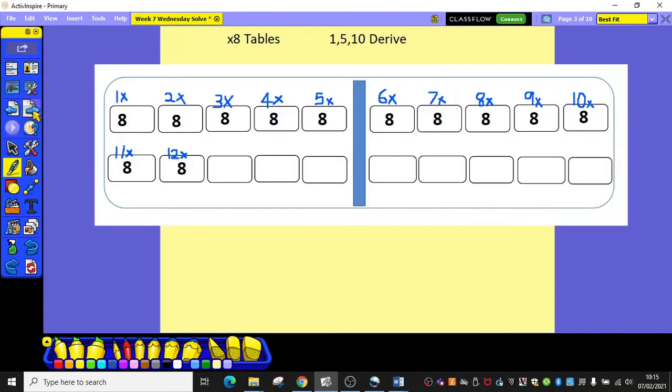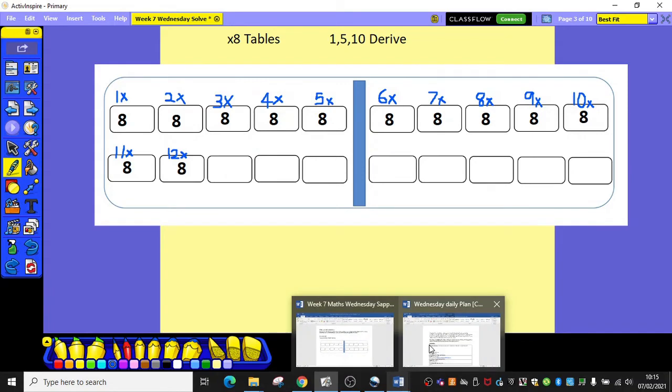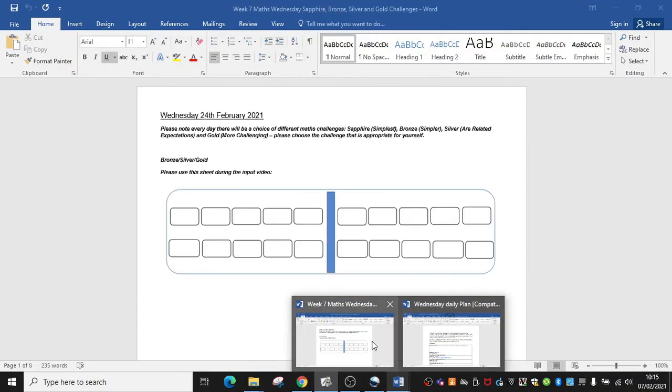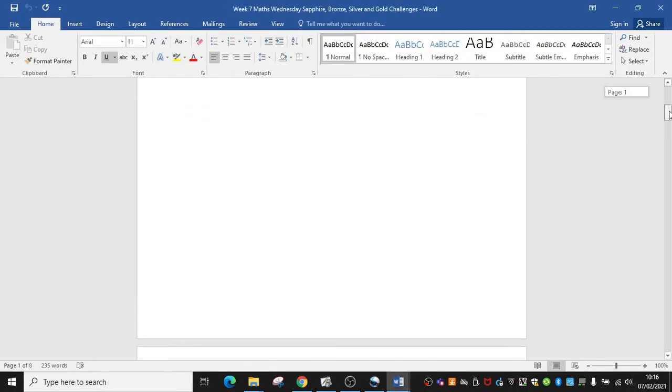Okay, a very quick start today with us practicing our 8 times table, and that's going to be our focus for today. Now, if you are the Sapphire group, then what I would like you to do is to make a start.